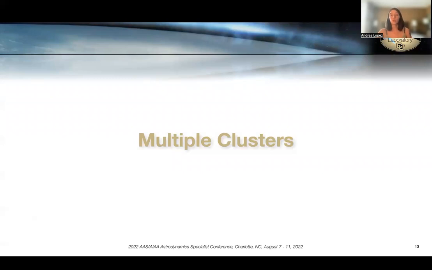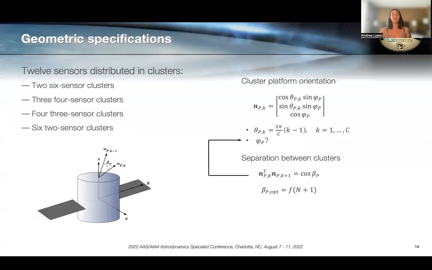So now we are going to talk about 4 different case studies, all with the same number of sensors, but distributed differently in clusters. There's going to be a study case with 2 clusters of 6 sensors each, one with 3 clusters of 4 sensors each, one with 4 clusters of 3 sensors each, and one with 6 clusters of 2 sensors each.